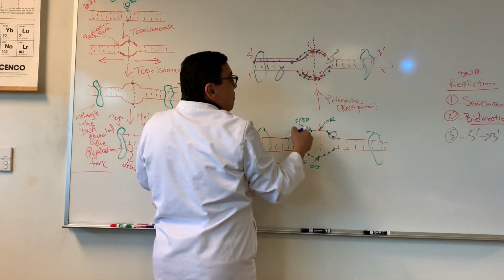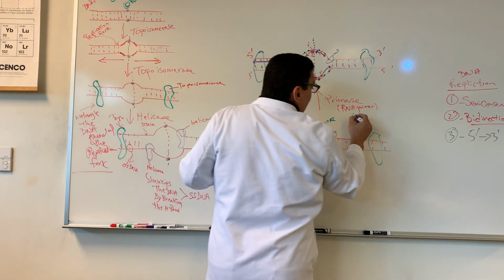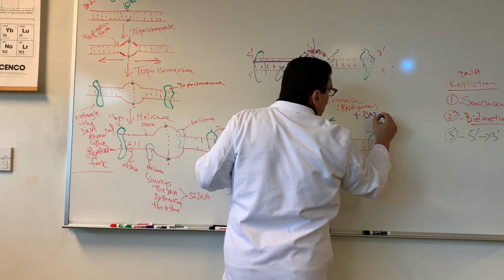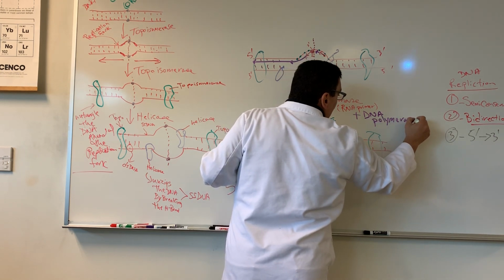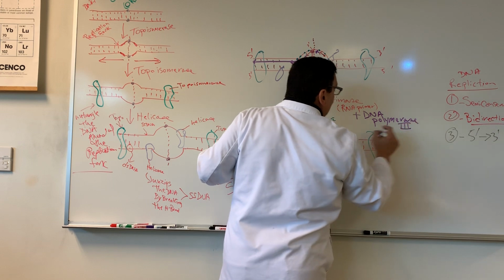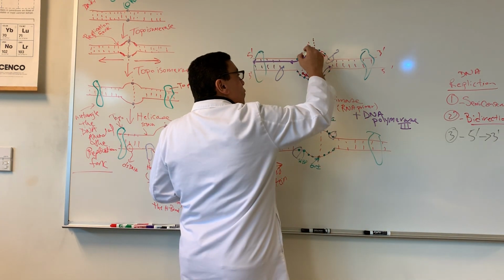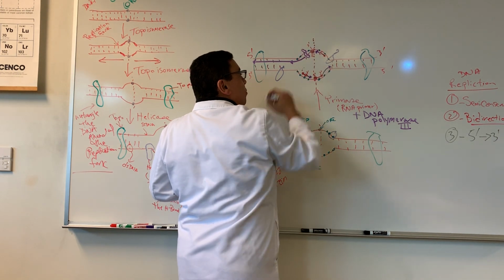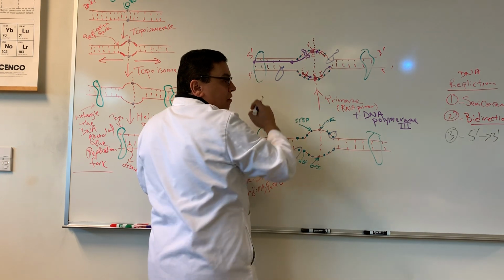Who am I? I am the next enzyme, DNA polymerase, doing this. So the next enzyme that comes in play is DNA polymerase 3. That's the guy that's doing that. DNA polymerase 3 will bind at the tail end of the primer and start making DNA.